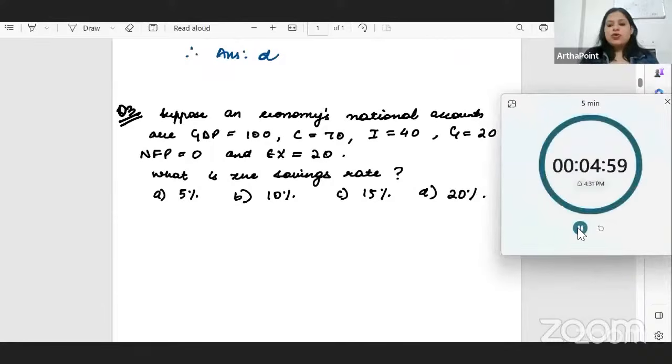Okay, so suppose an economy's national accounts are given to you. GDP is 100, consumption is 70, investment 40, government expenditure 20, NFP 0, and exports 20. Find the savings rate of this economy.